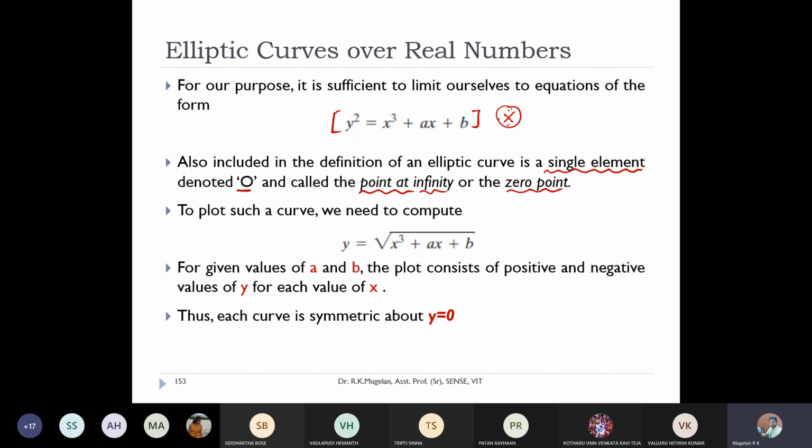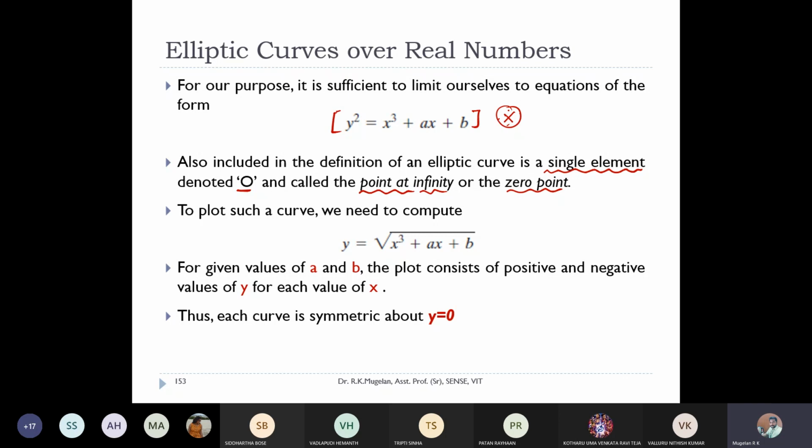Can anyone tell what the identity element for the addition operation is? We have two elements, one for addition and one for multiplication. What is the identity element for addition? Can anyone tell, if you remember properly?